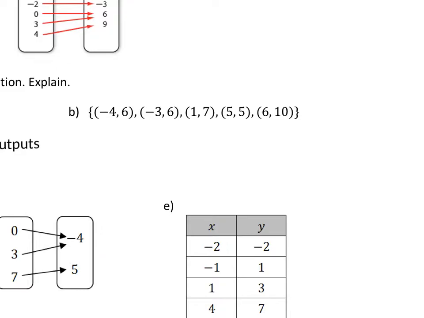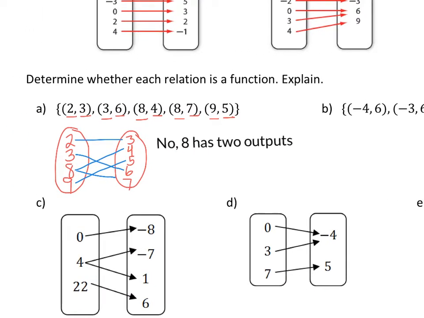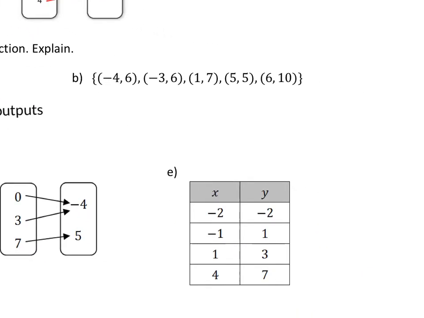Letter B. This time I'm not going to show a mapping. We can actually just look at the ordered pairs. The same as if we looked at the ordered pairs over here, we would see that the 8s repeat here and here. So let's just take a look at the ordered pairs. So our ordered pairs, we have -4, 6, -3, 6, 1, 7, 5, 5, and 6, 10.